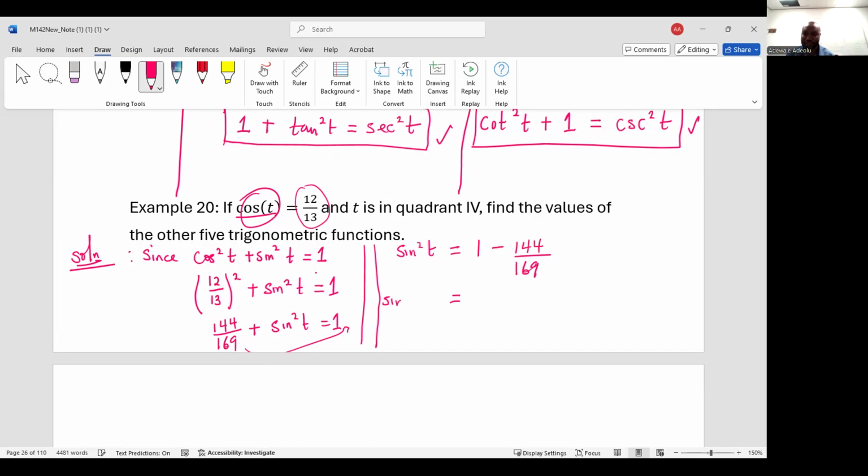So sine squared of t equals to, guys, I can write 1 as 169 over 169 because I want it to have the same denominator as 169. So minus 144 divided by 169. Now they have the same denominator. So that means I have 25 divided by 169. So that is sine squared of t.